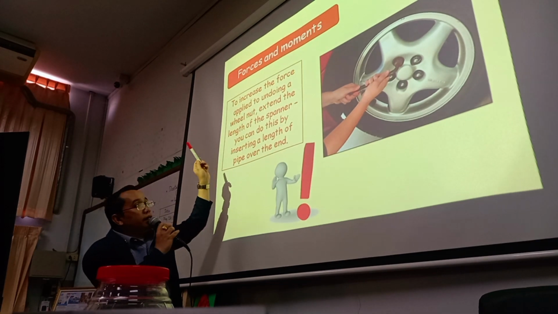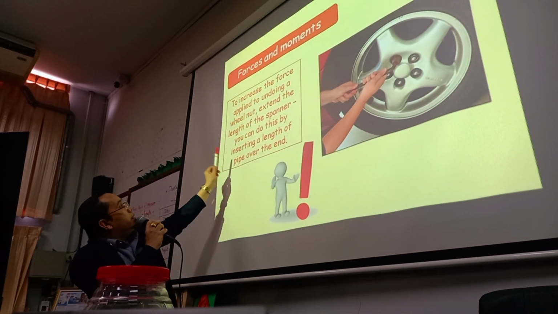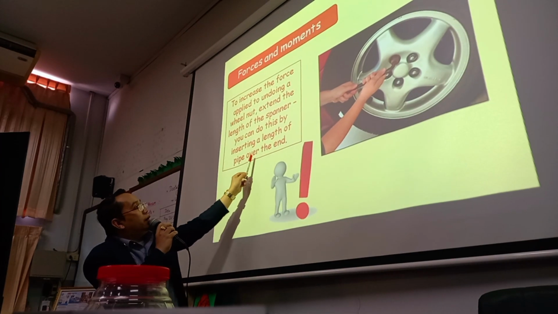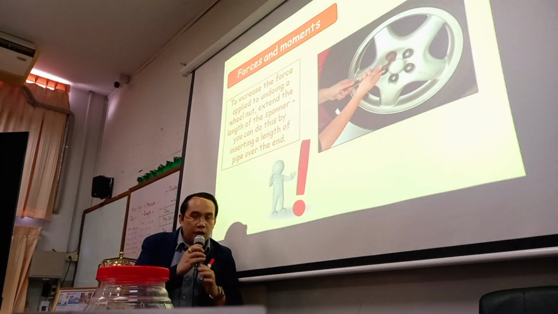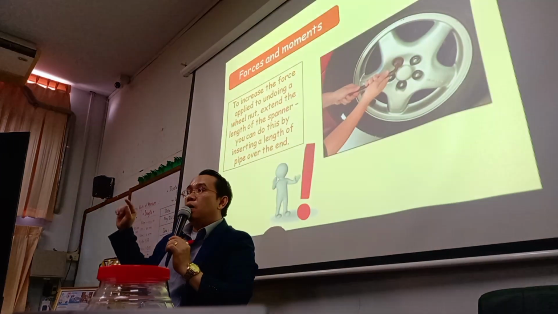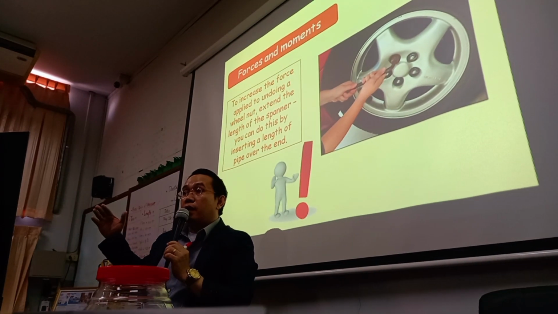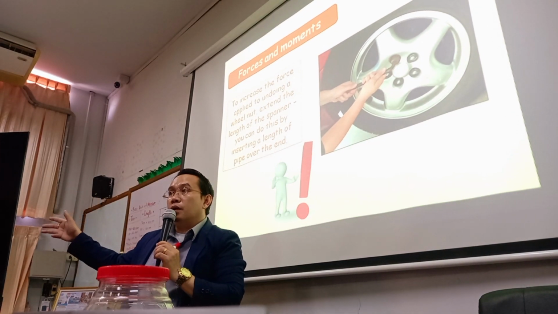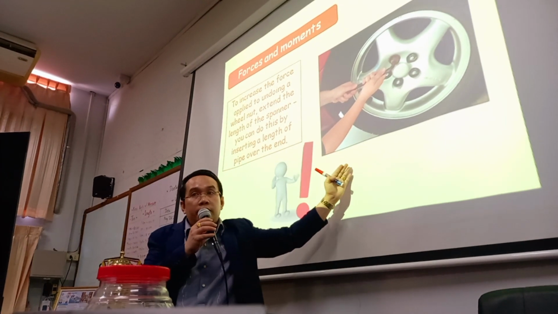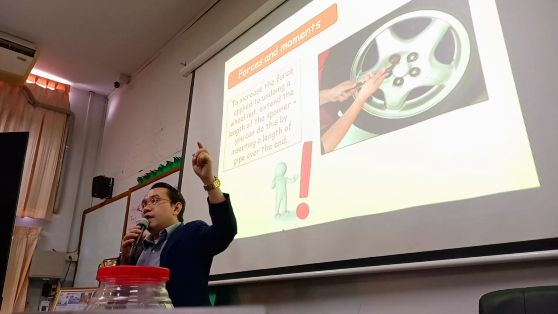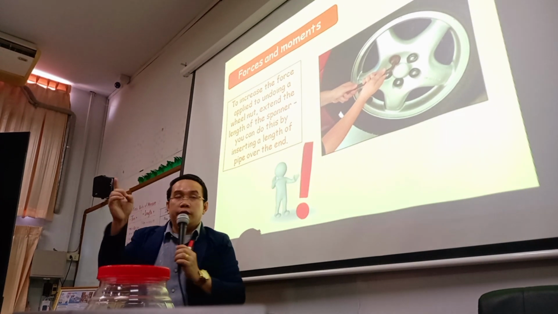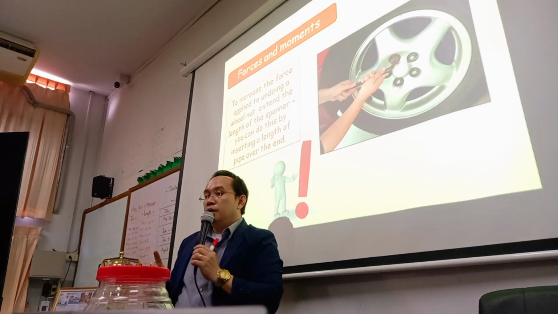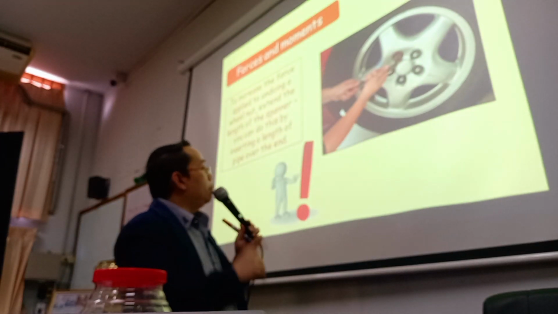We extend the length of the spanner by inserting a length of pipe over the end. As I've said, it affects how long your spanner is, either short, medium, or longer size. The longer the spanner, the higher the turning effect. The shorter the spanner, the shorter the turning effect. So this is the presumption about moment of torque.